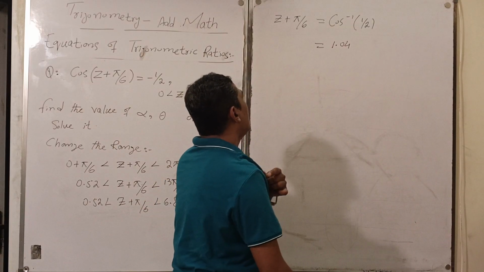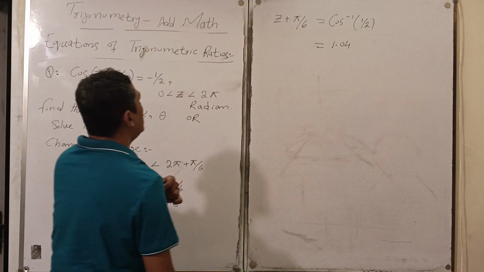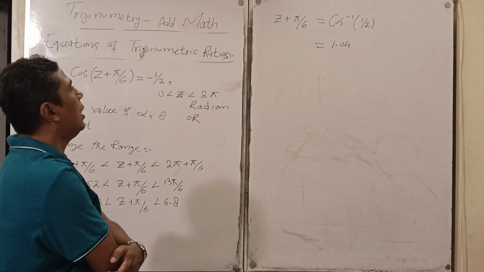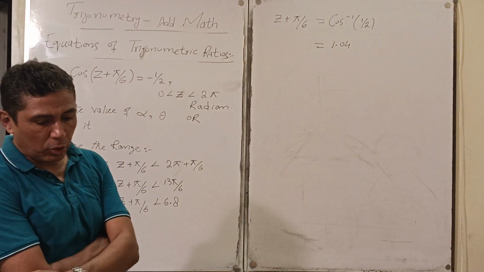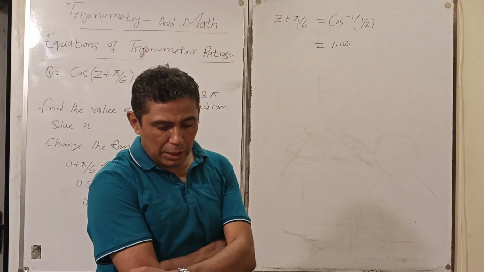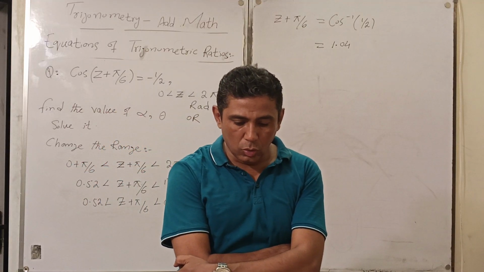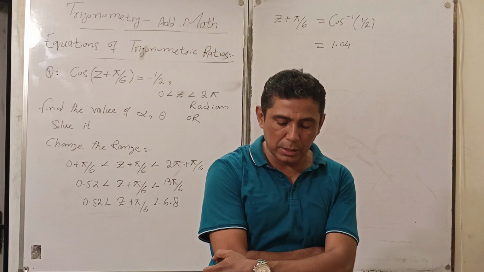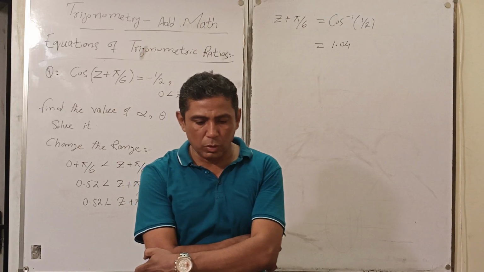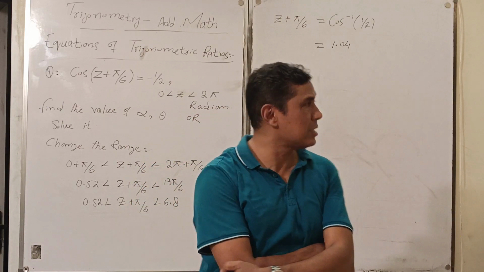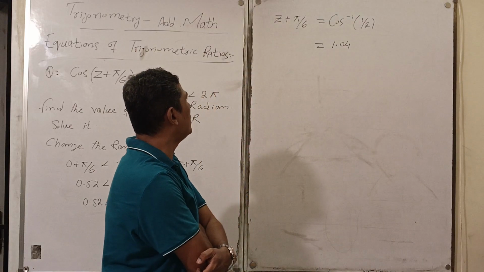So 1.04. Clear? Now you have to plot the 1.04. So cos inverse of 1 over 2, not in the radian mode.